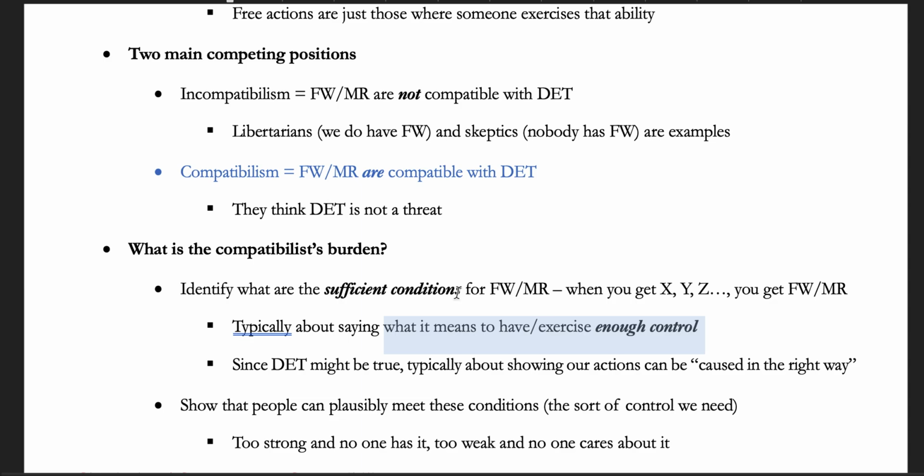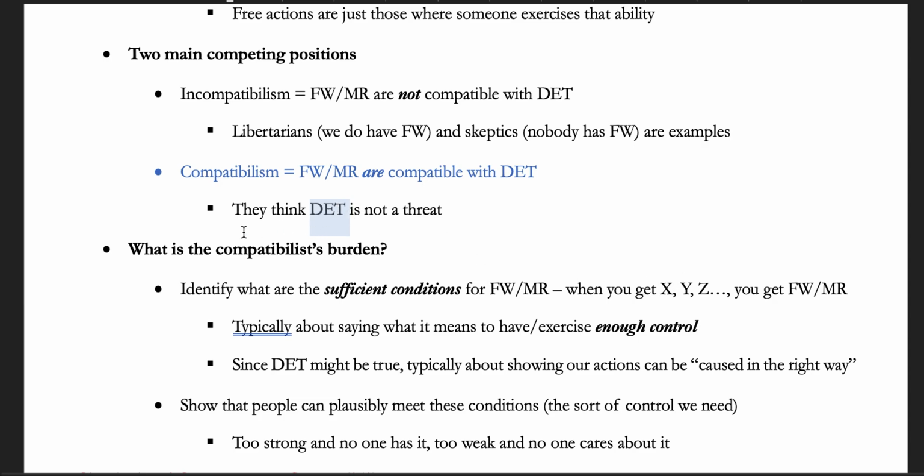They can't just say, oh, free will requires the ability to do otherwise. It requires some knowledge. It requires some awareness of your action, maybe. They have to say, whenever you get these things, X, Y, and Z, whatever they are, then that's enough to say someone's free and responsible. Because the things they say are enough are going to be compatible with determinism.